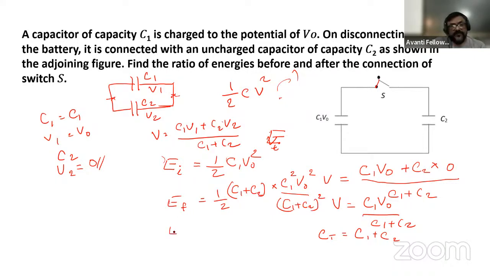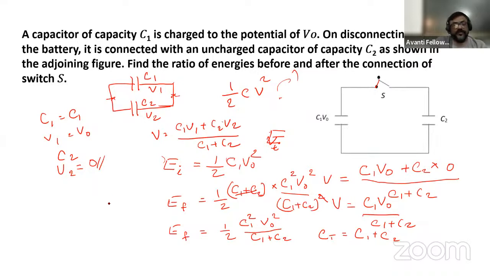So this we can simplify. There are some shortcut equations, but this is the way to solve it. Now we can cancel certain terms. This C1 plus C2 and this square will be cancelling. And what we have, this is equal to half of C1 square V0 square in the numerator, divided by the denominator C1 plus C2.